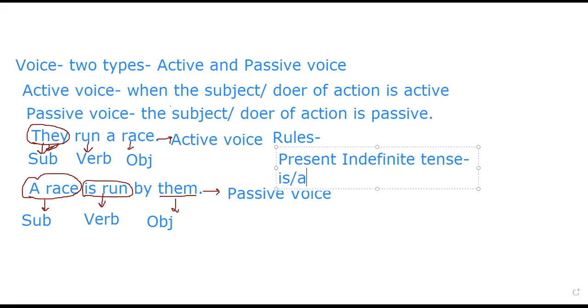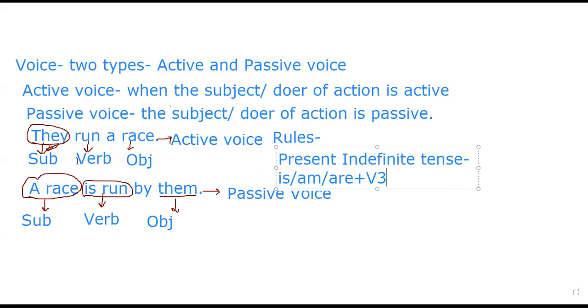According to the subject we will use is, m, r. Okay, if it's singular then we will use is, if it's plural we will use r. Okay, with I we will always use m, with you always use r. Okay, is, m, r plus V3. V3 means third form of the verb will be used.